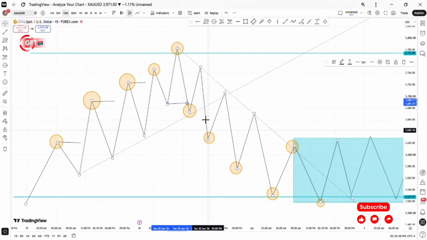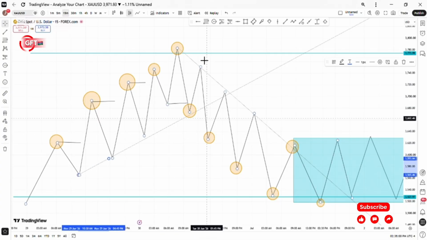Sorry, you already have your downtrend because this low broke, and also this trend line has already been broken. So the trend line broke, understand? So let's expect price to come to this trend line.